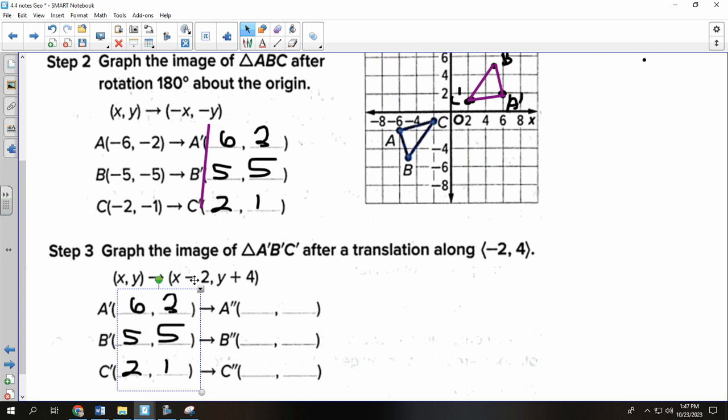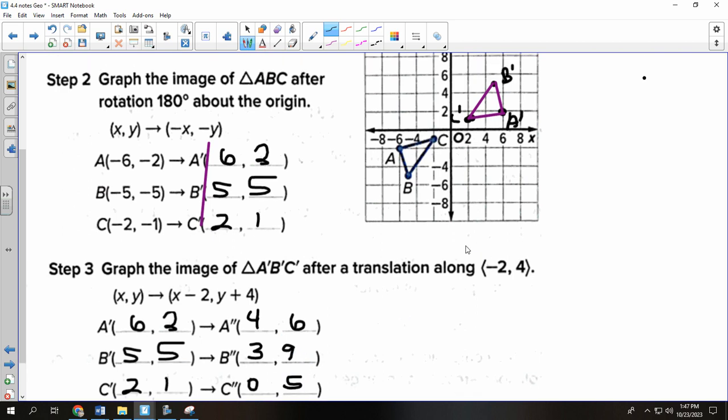And we are going to move the x coordinate 2 units left, which means we're going to minus 2. So that makes it 4, 3, and 0. And then we're going to add 4 to the y's. So 2 plus 4 is 6, 5 plus 4 is 9, and 1 plus 4 is 5.